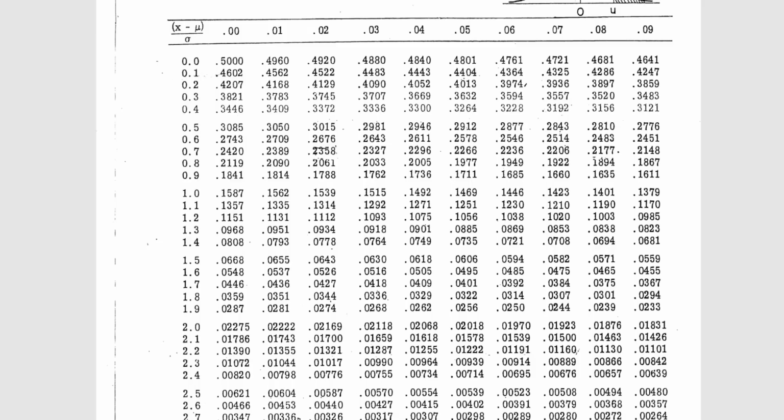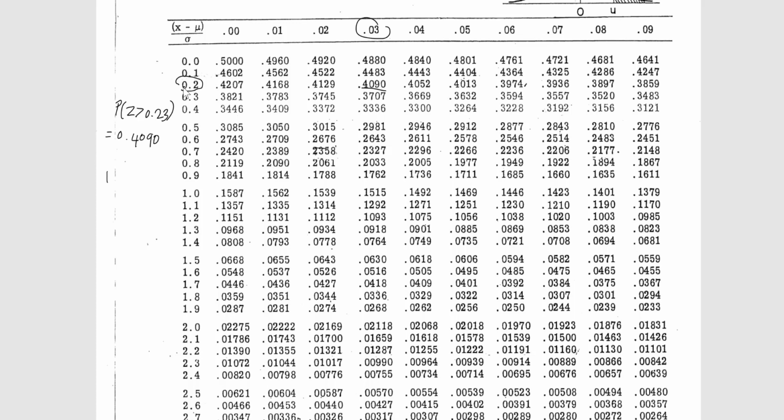This is table 3, the normal distribution table. We are looking for 0.2, which is here, then 0.23, so 0.03 is here. The probability of Z greater than 0.23 is equal to 0.4090.